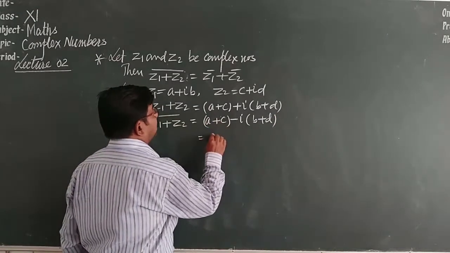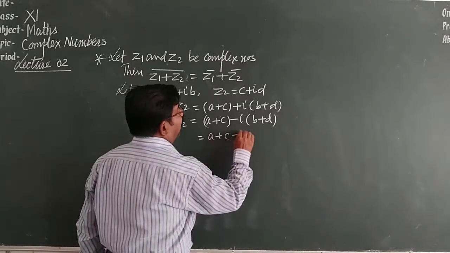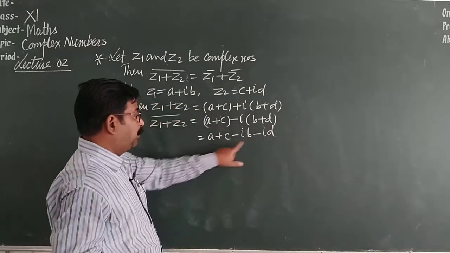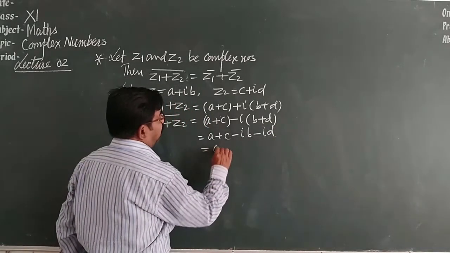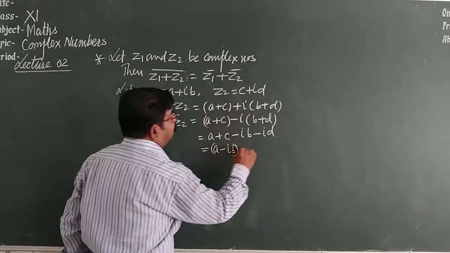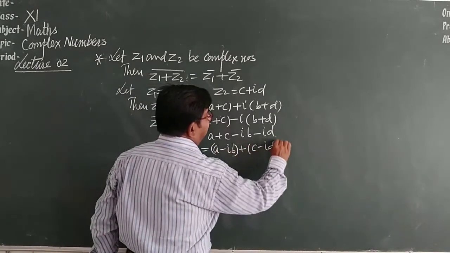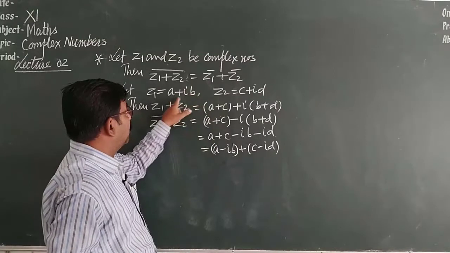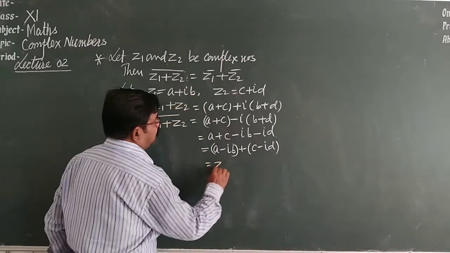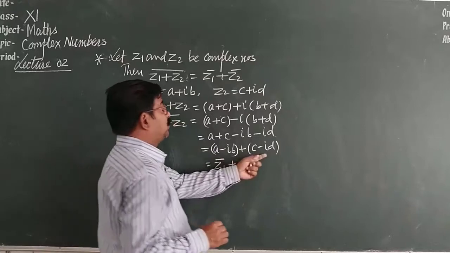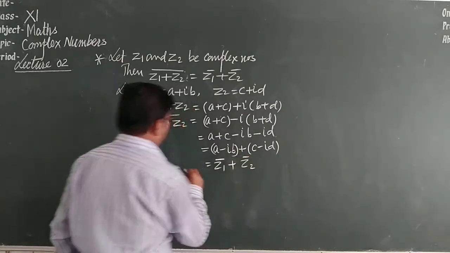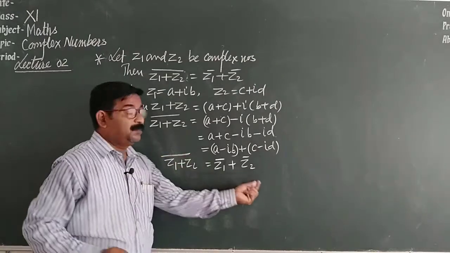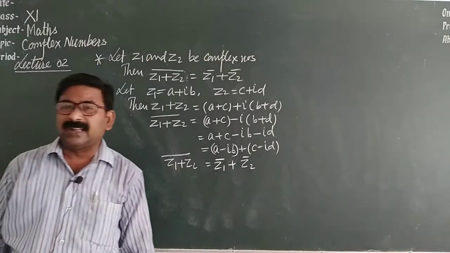We have a plus c minus ib minus id. Take a minus ib together. We have a minus ib plus c minus id. And you see, what is a minus ib? This is the conjugate of z1. So we can write z1 bar plus, this is the conjugate of z2, so this is z2 bar. Means we have z1 plus z2 and its conjugate is z1 bar plus z2 bar. These are the small theorems.